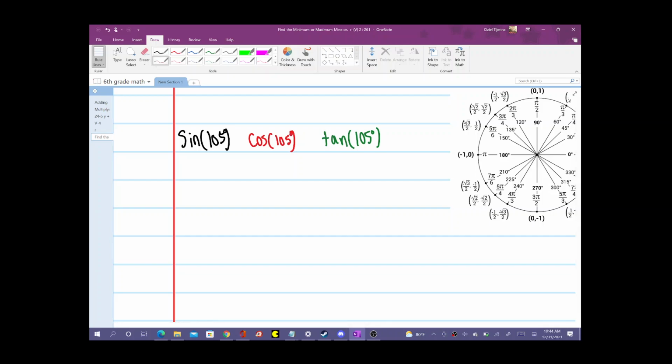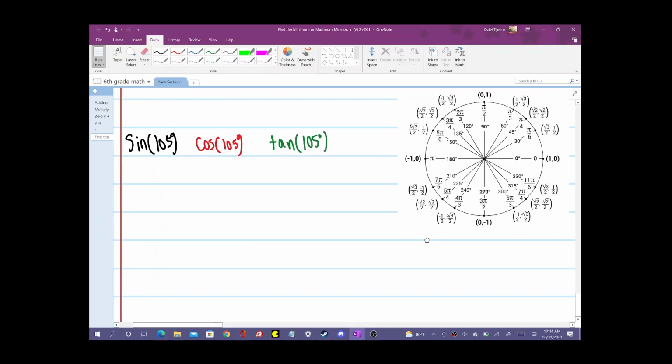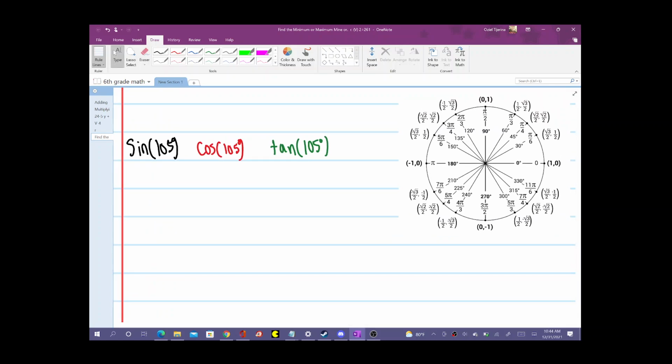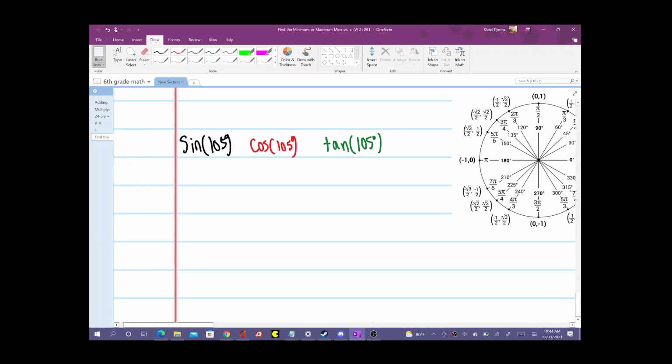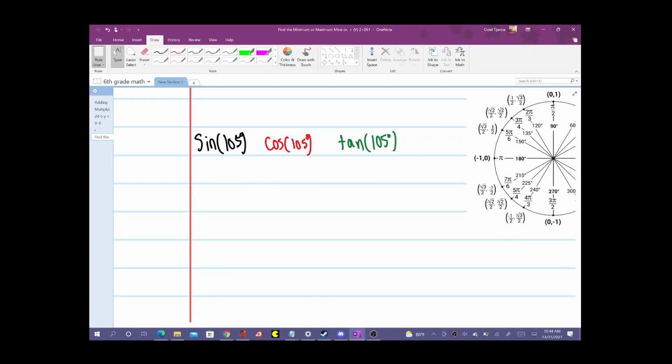105 is actually, if you multiply it by 2, 210. So sine of 105 degrees is equal to sine of 210 over 2.